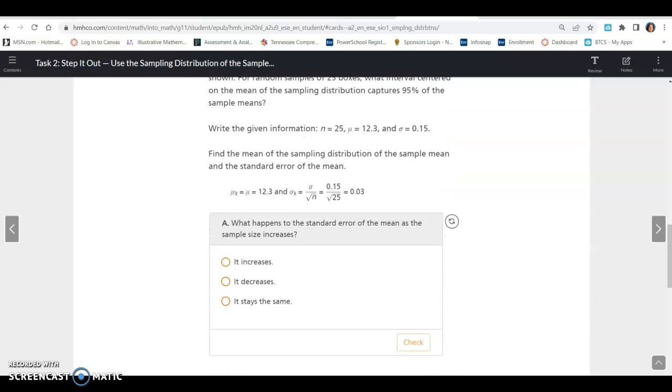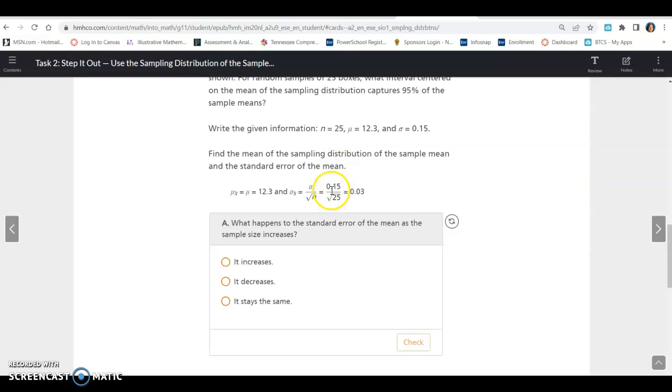So it says find the mean of the sampling distribution of the sample mean and the standard error of the mean. All right, so the average or the mean is 12.3, so that's given. And then the standard error is going to be the standard deviation divided by the square root of n, and again, n is your sample size.